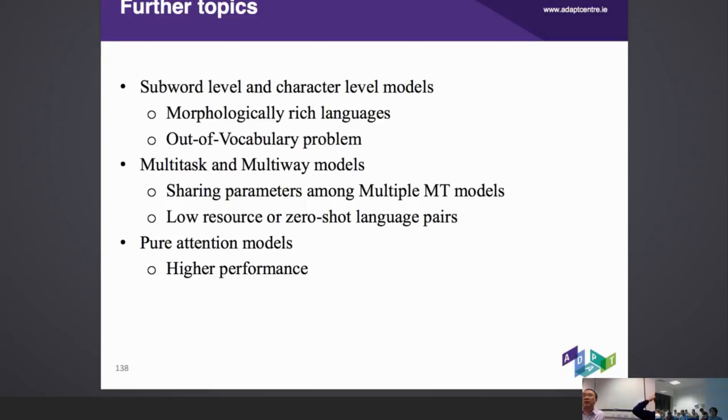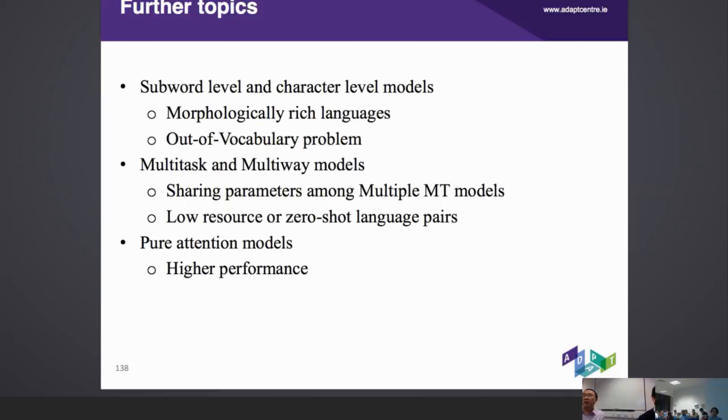Finally, I will give some further topics if you have interest. There is some good work on sub-word level or character level models for neural machine translation. That means the model is not built based on words, but on morphemes of the word or characters. This is a very useful and important technique for neural machine translation, especially in real use.